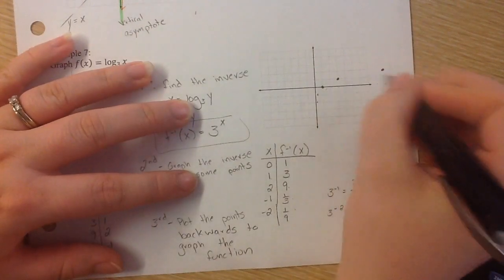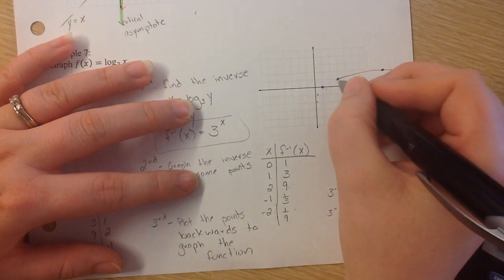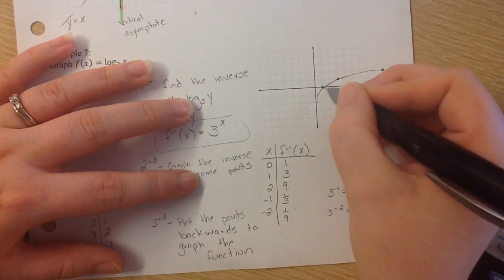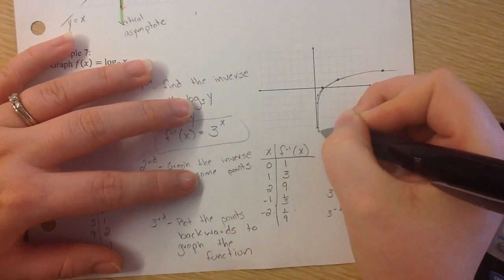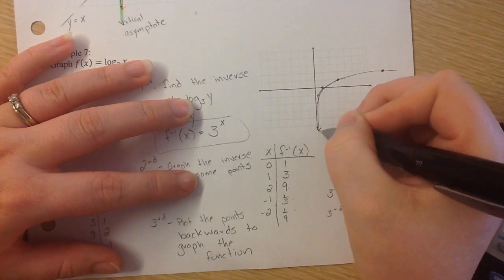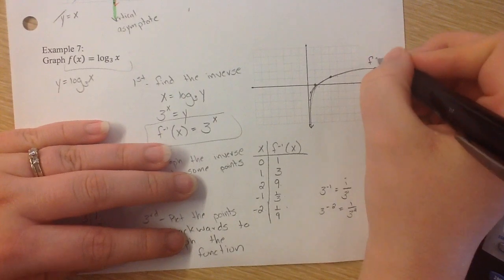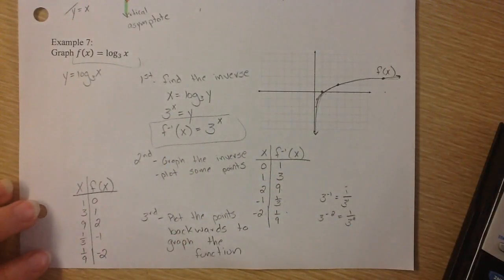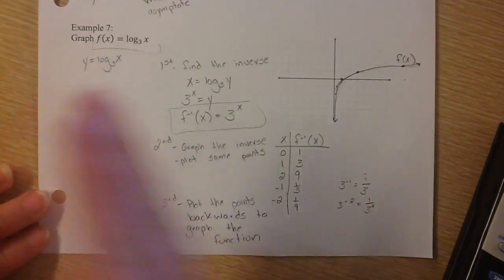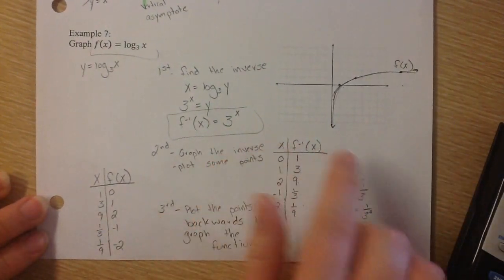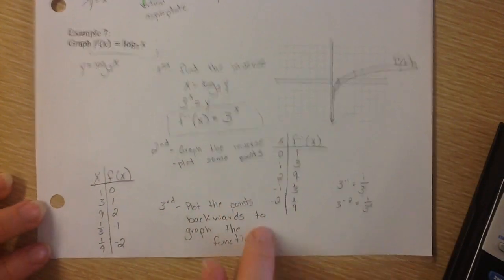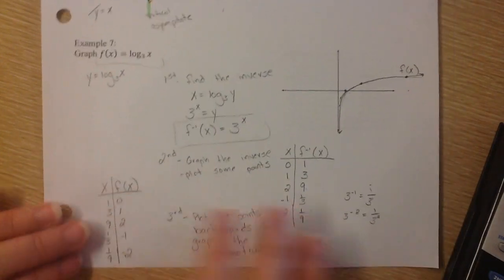So it's going to be kind of curvy, and graph it as a curve. Don't make it all straight, it should be a nice smooth curve. So this is the graph of f of x. So again, you find the inverse, find points on that inverse, and then plot the points backwards to graph that function. Okay. All right.